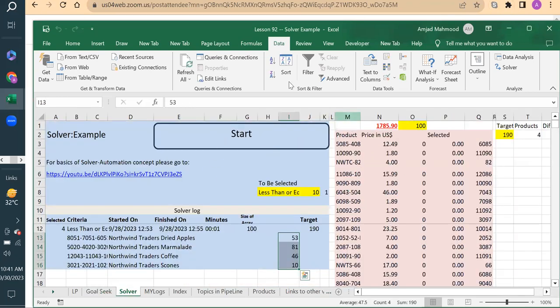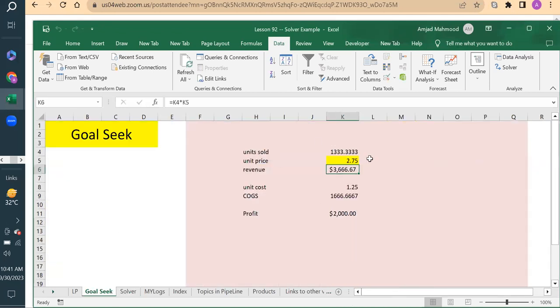The automation, automatically using the solver and coming up with some random combination of the products like this. And similarly, in the goal seek, we are targeting a certain profit. This is our goal, and while changing the number of units to reach our desired profit, that is the goal seek.